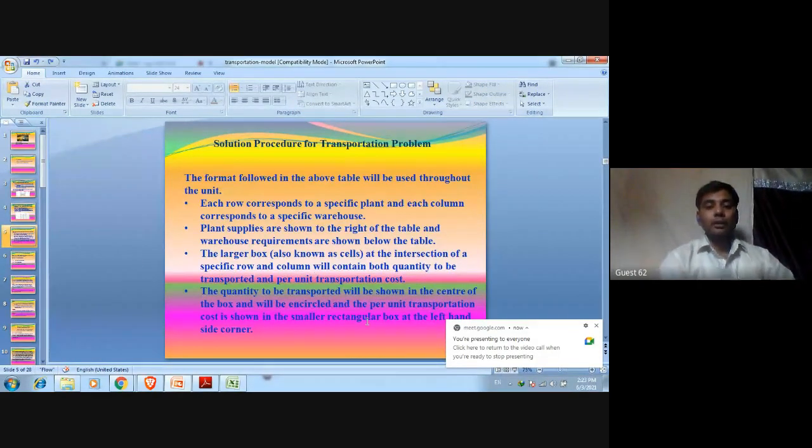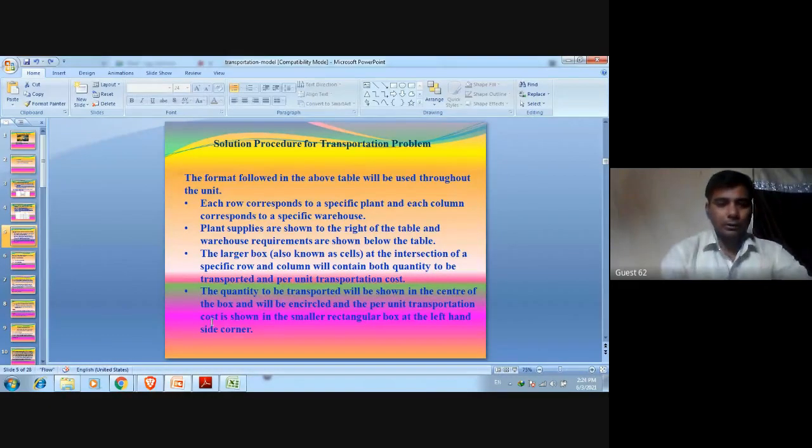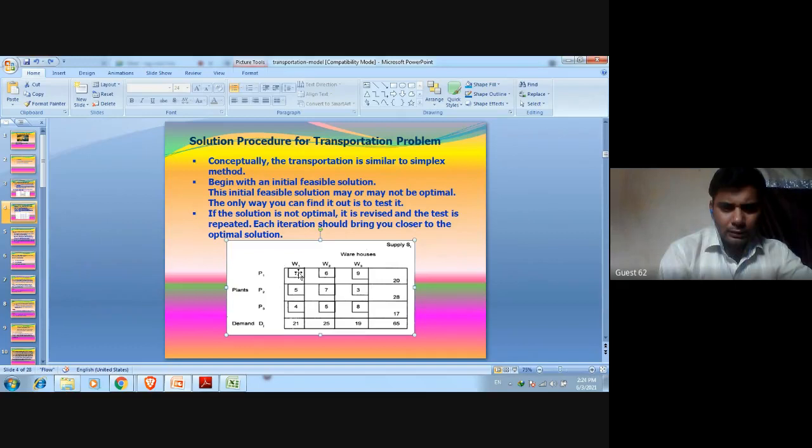Now, next, the larger box, also known as a cell, at the intersection of a specific row and column will contain both the quantity to be transported and the per unit transportation cost. Look here, the intersection of the row and column is called a cell. In this cell, only the top right corner carries your per unit cost.